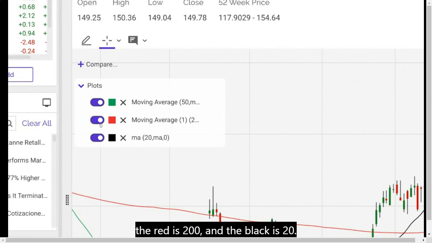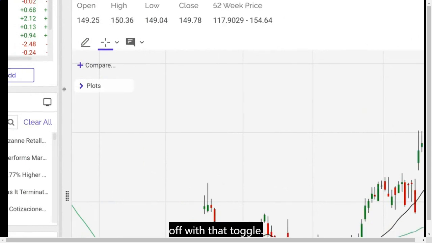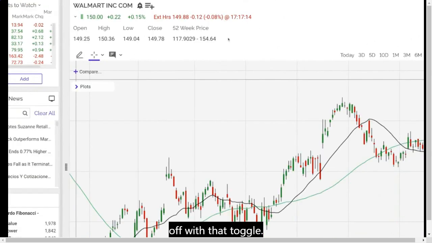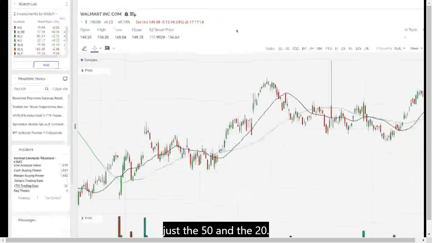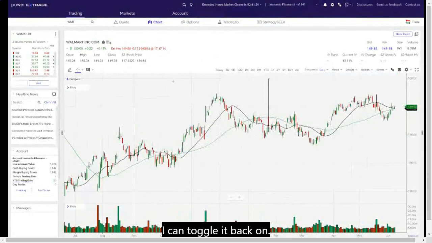Maybe I'm looking at something a little bit more short term, and I don't want the 200-day moving average on there. I don't have to delete it and recreate it. I can simply turn it on and off with that toggle. And now I'll be left with just the 50 and the 20. Anytime that I want the 200 back up there, I can toggle it back on.